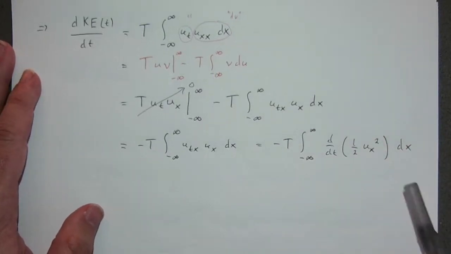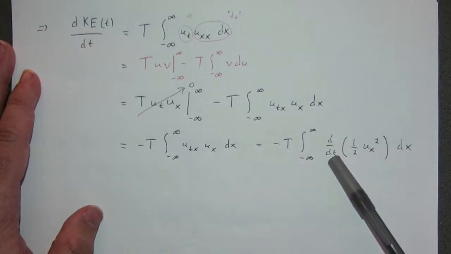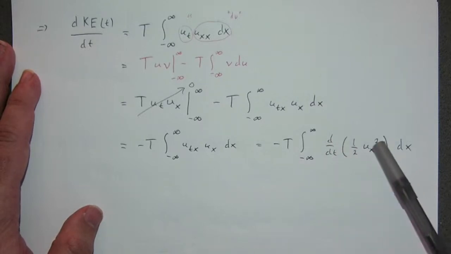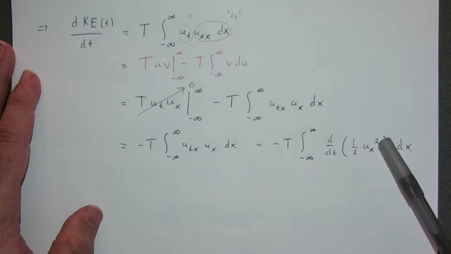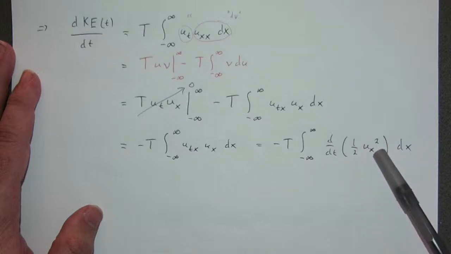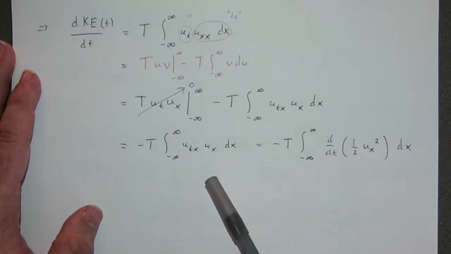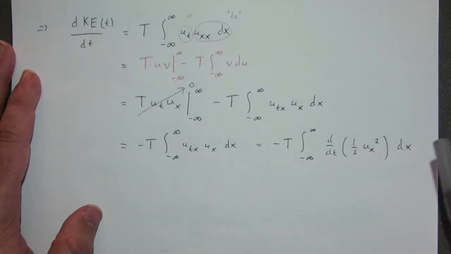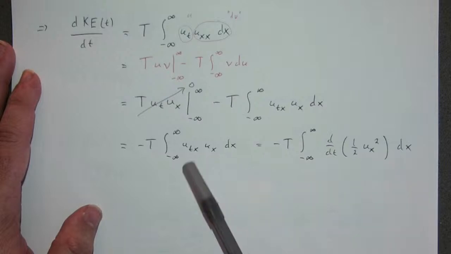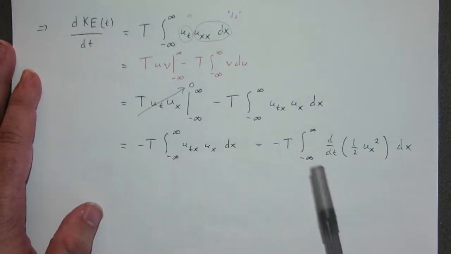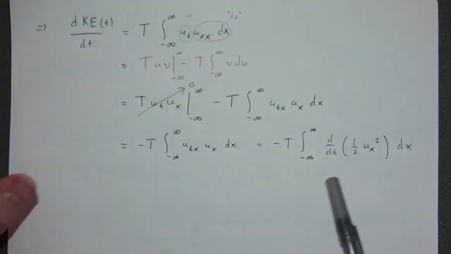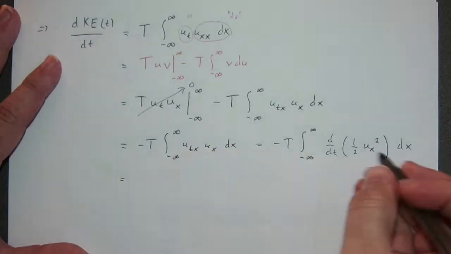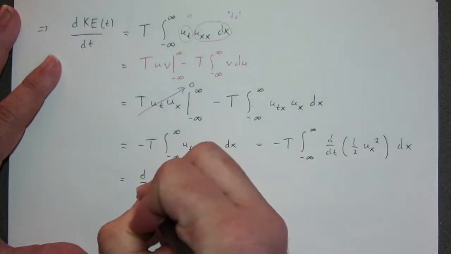Do we believe this? Let's check. The derivative with respect to t of 1/2 u sub x squared is going to be 1/2 times 2 times u sub x times u sub xt, because I'm taking the t derivative now. So just by chain rule, this would become u sub x times u sub xt or tx. There we go. That's exactly it. So moving this out, this is the derivative.